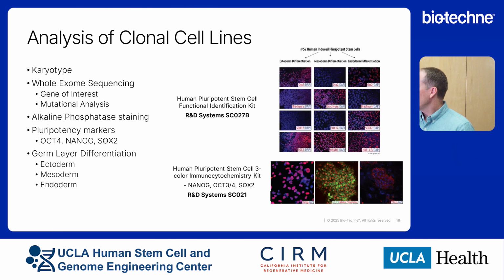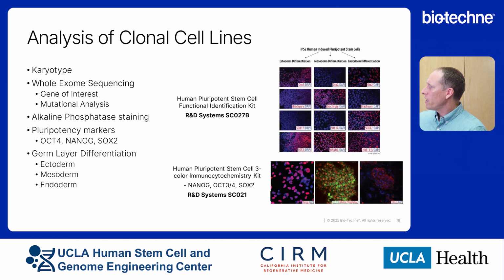Finally, when you're running analysis of your clonal cell lines, we want to do karyotype analysis, looking for any aberrations in chromosome numbers, looking at whole genome sequencing, looking at your mutation rates. Alkaline phosphatase staining is recommended.